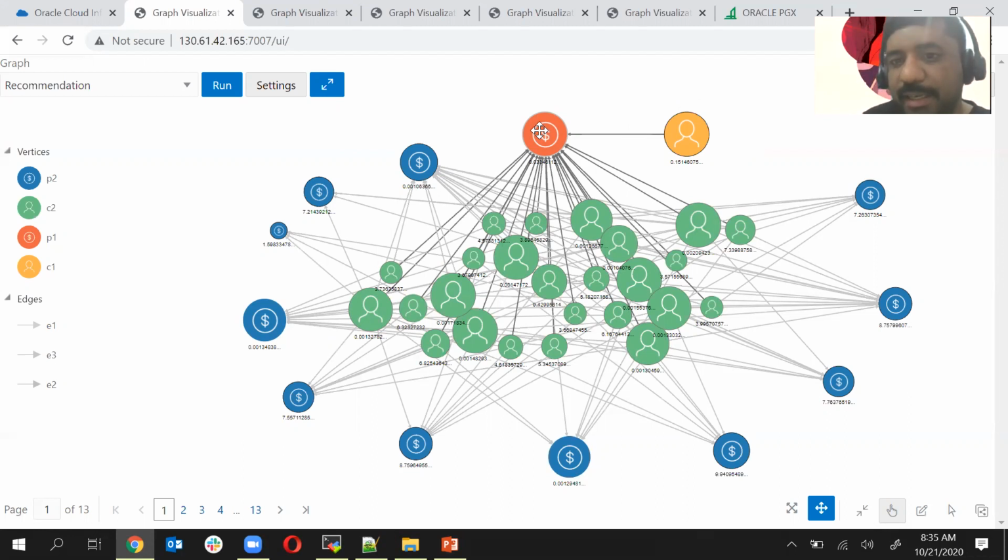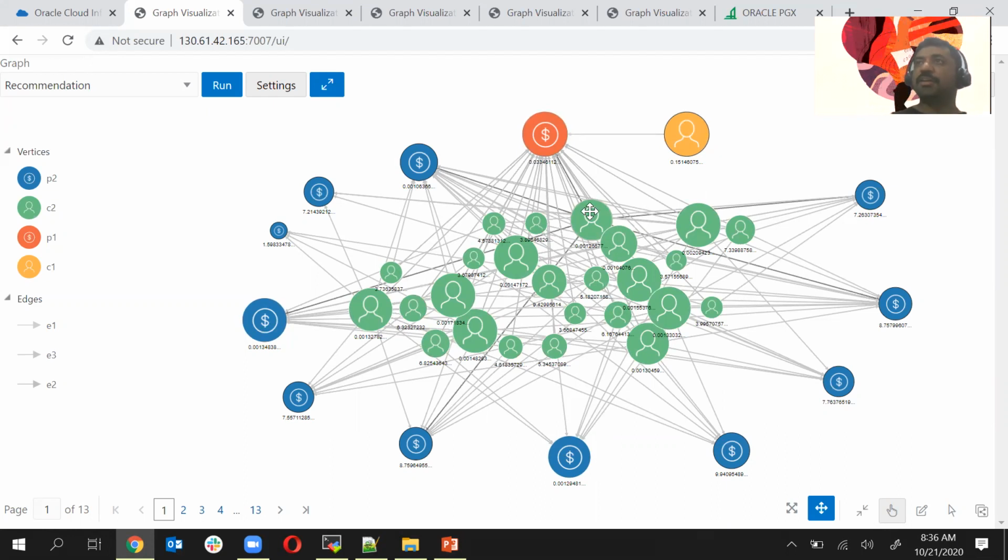So basically, the yellow customer as well as the green customers have leveraged the same banking offer. And if we hover over the blue nodes, we can see that only a few of the green customers have leveraged this particular banking offer. And it is the same with all the other banking offers, wherein they are not leveraged by the yellow customer, but they are all leveraged by the green customers.